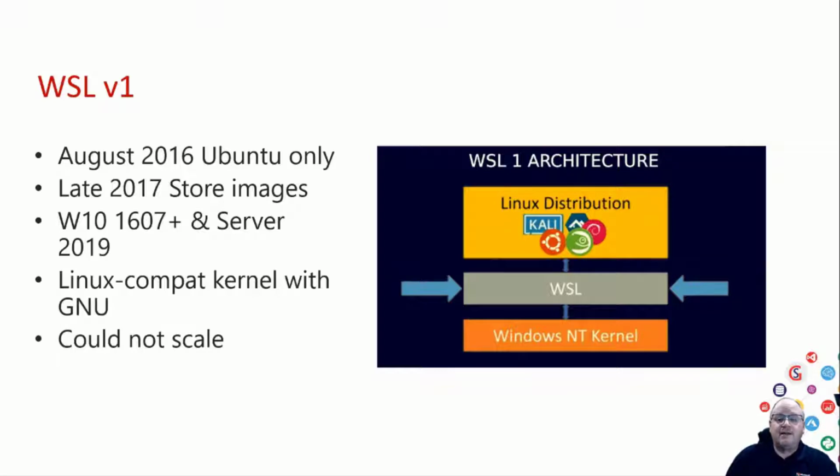And it could not scale. Like I mentioned before, you're running a stack, right? And the WSL just could not scale. If you started to run too much inside of the WSL, it would really start to get bottlenecked, start to get strained, and it would cause your Windows 10 host machine to really start slowing down as well. And finally, the WSL had no systemd.